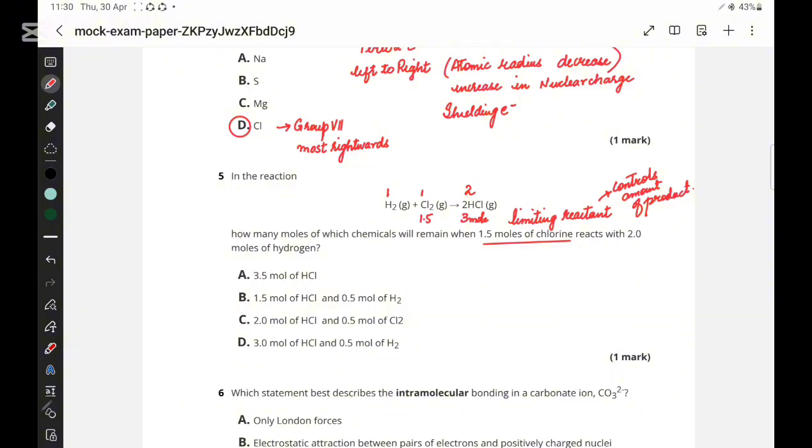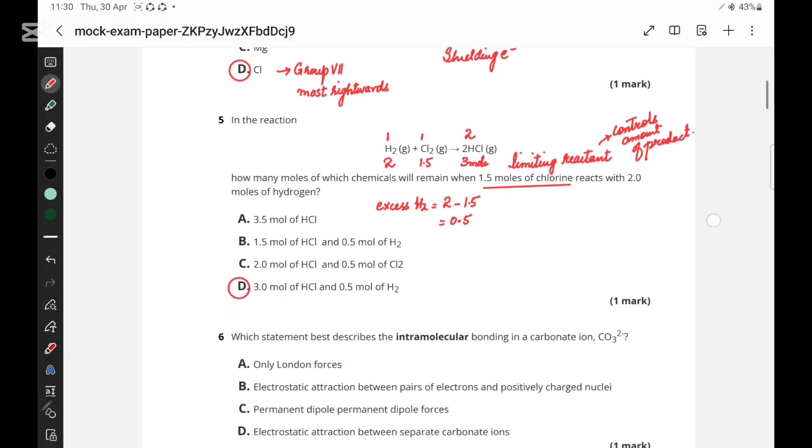So 3 moles of HCl is going to be option D. One thing they are asking is that 0.5 moles of hydrogen is remaining. Initially they had 2 moles, but as chlorine is the limiting reactant, the excess H2 remaining you can find by 2 minus 1.5, and that comes out to be 0.5. So our answer is D.